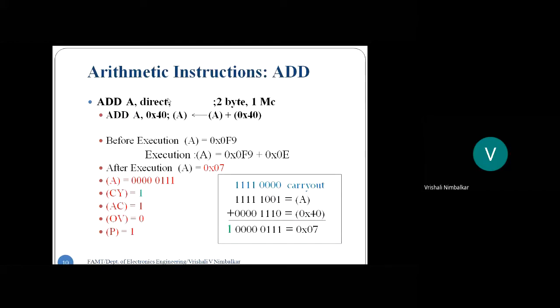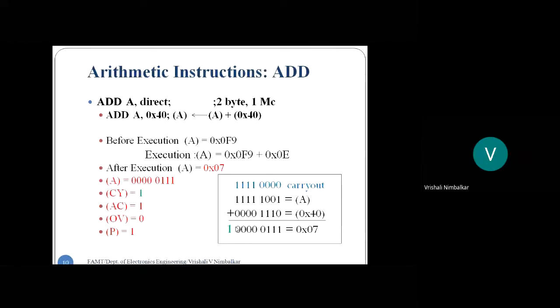So that was ADD A comma direct. Data from memory, the address is mentioned in the instruction, added with accumulator, stored back in accumulator. So that is where you get a carry. Fine, students. And now see the flags will be set depending on lower nibble to upper nibble carry, auxiliary set. 7th bit there is carry, carry flag is set.